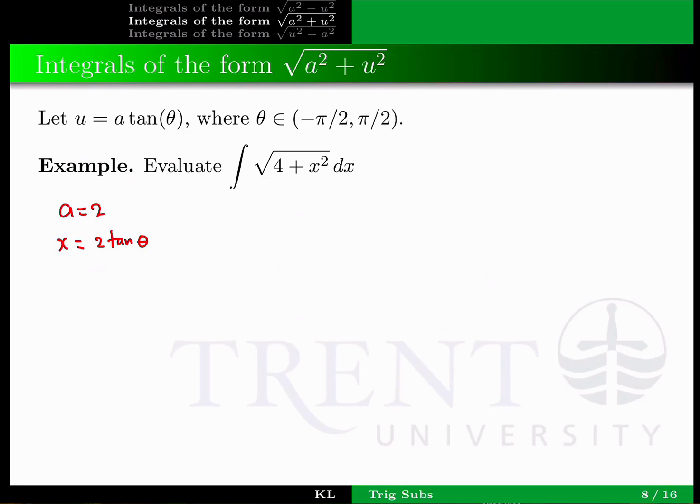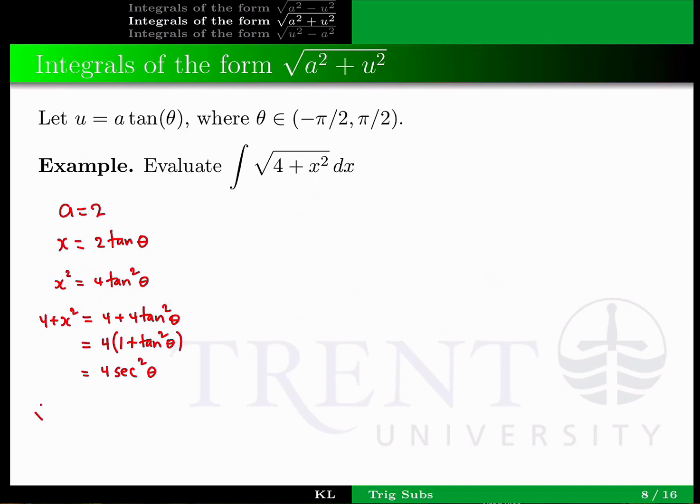If we calculate this, we have x squared equals 4 tangent squared theta. If we add 4 on both sides, 4 plus x squared will be 4 plus 4 tangent squared theta. We can factor out 4 and have 4 times 1 plus tangent squared theta, and 1 plus tangent squared theta is equal to secant squared theta.